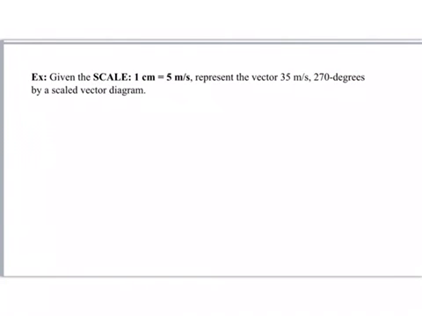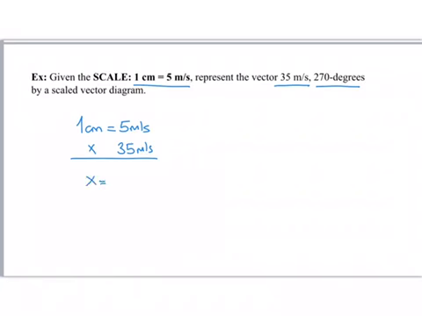Another example, the question asks me to represent the velocity vector of 35 meters per second with an angle of 270 degrees. The scale is given as 1 centimeter is equal to 5 meters per second. So 35 meters per second is equal to how many centimeters?